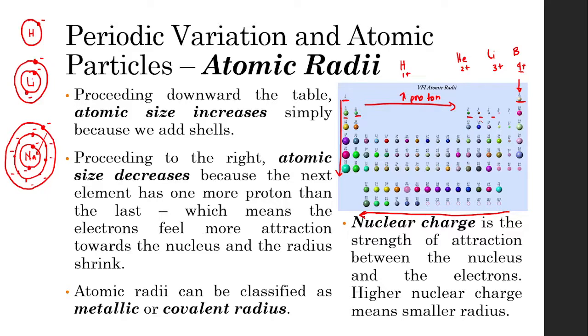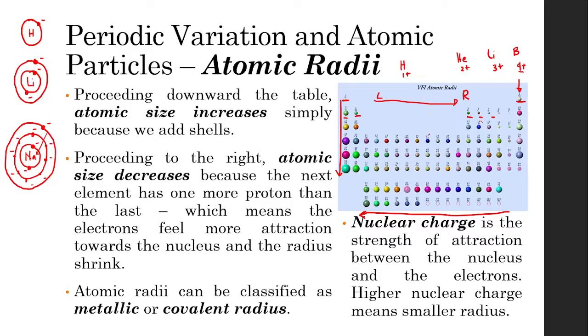Okay, so this is the first trend that I want you guys to remember. It's the size of the atomic radii. As you go down and go from right to left, the size of the atom is basically increasing. And the reason for that is because when you go from left to right, the nuclear charge is increasing, because electrons tend to feel more attracted towards their nucleus as you go from left to right.